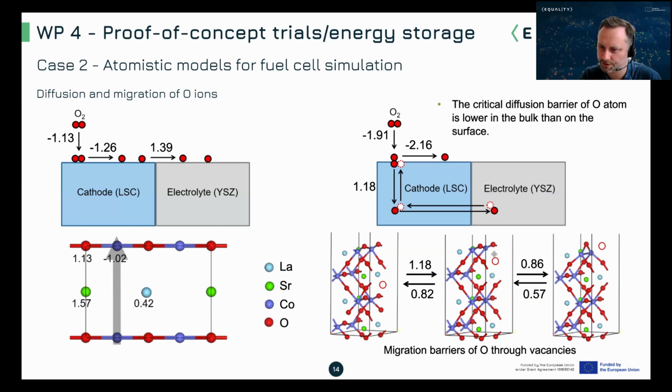If you compare the position of the defect, it moves, and this is like in electronics a movement of a hole. So when the defect moves, another atom moves also, and this is then defect diffusion of oxygen atoms. And here you see the energy barriers going from one of these models to the other and back. So the critical diffusion barrier of oxygen atoms is lower in the bulk than on the surface. This is the main takeaway message of this.